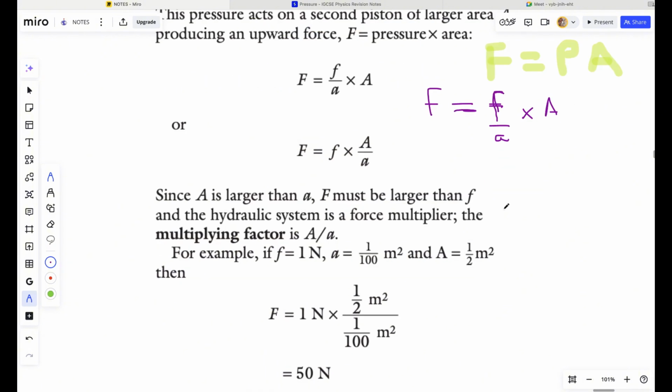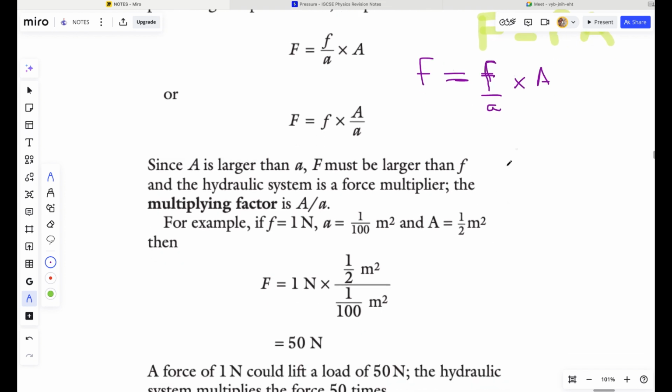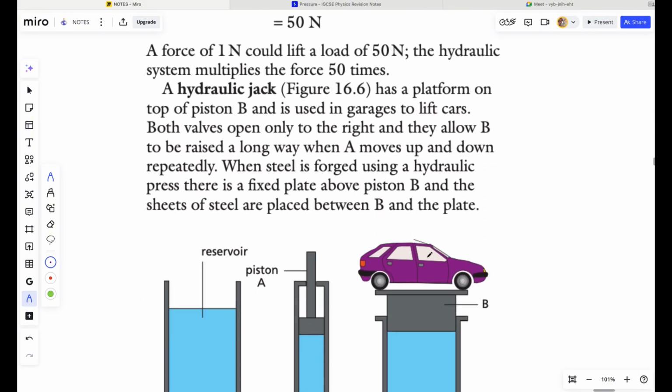You can do a lot of assumptions and calculations. Here you have A over A, so you can rewrite it as F equals f times big A over small a. So there are many things that we can play with here.